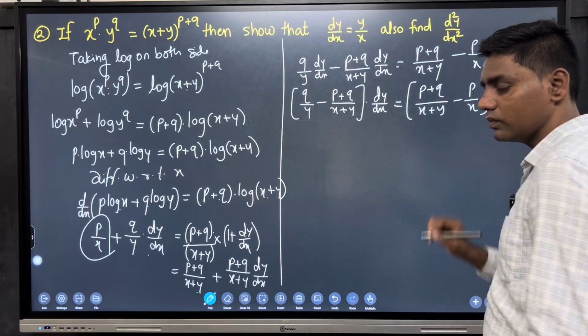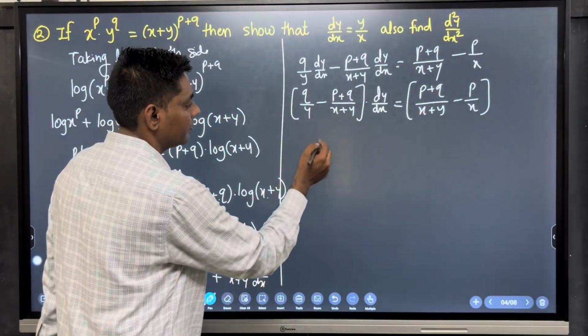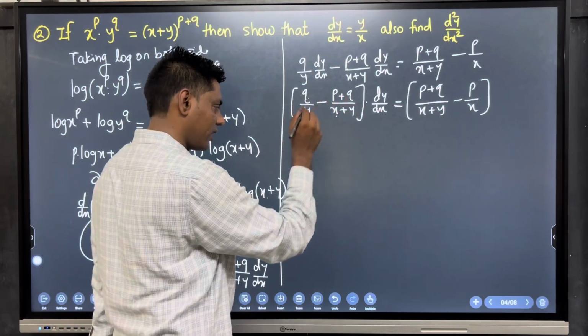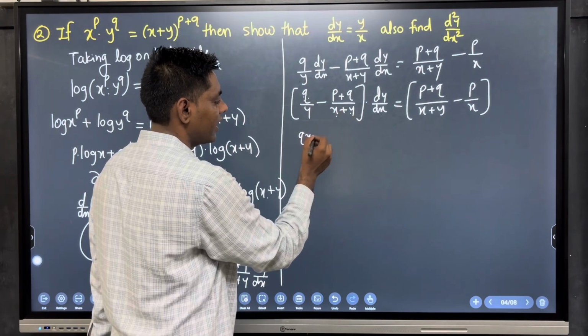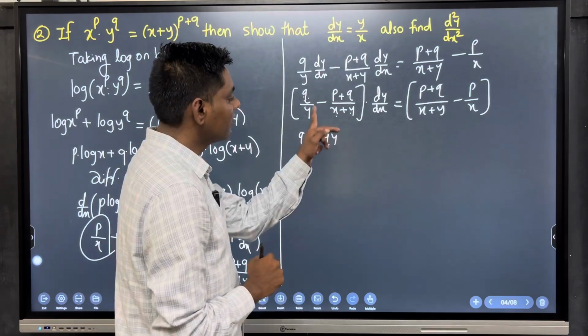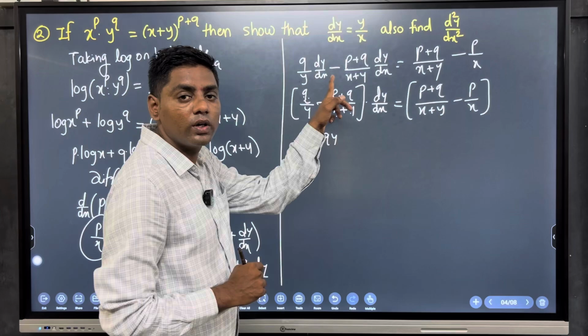Okay, cross multiplication. So very simple. Performing the cross multiplication here, x plus y multiplied by q, and make the bracket expansion also. So q multiplied by x, that is qx, q multiplied by y, that is qy. Here y multiplies both, so the minus sign is given to p also, and the minus sign is given to q also.